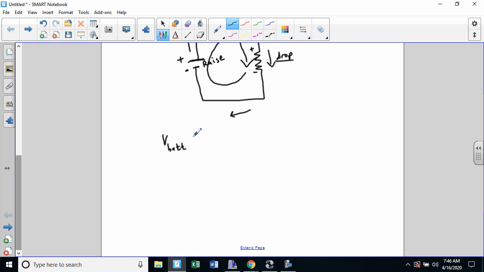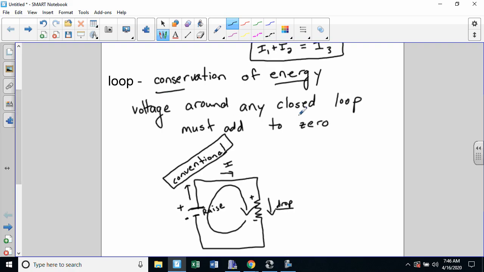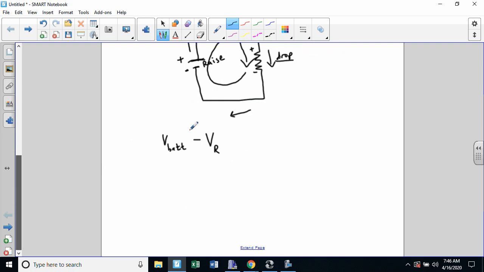So I'm going to write the voltage on the resistor as a minus. Okay, and we said that the voltage around any closed loop has to add up to 0, and that's to conserve energy. So the voltage raise of the battery minus the voltage drop of the resistor has to equal 0. And if we rearrange this equation, the battery's voltage has to be equal to the voltage on the resistor at all times.